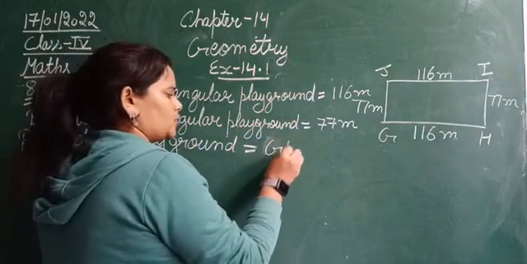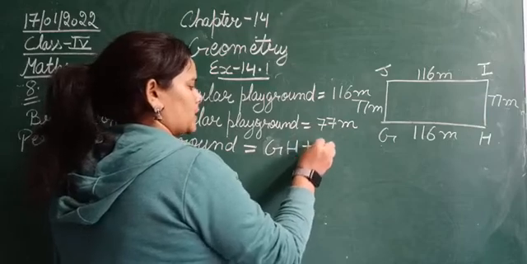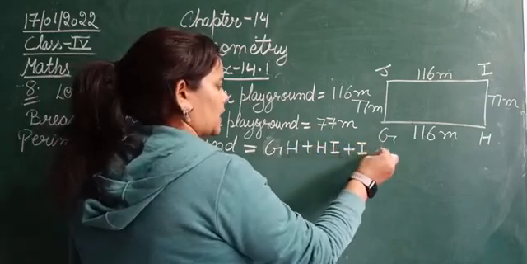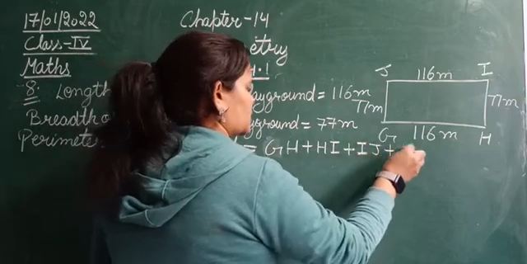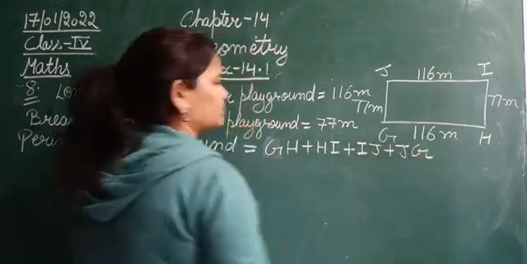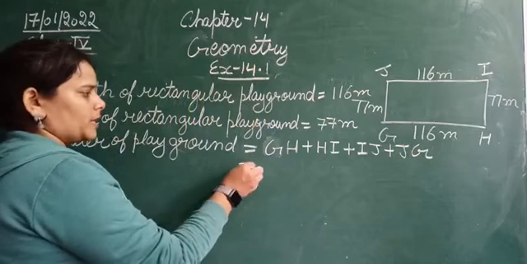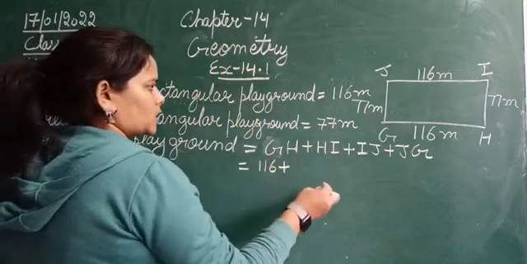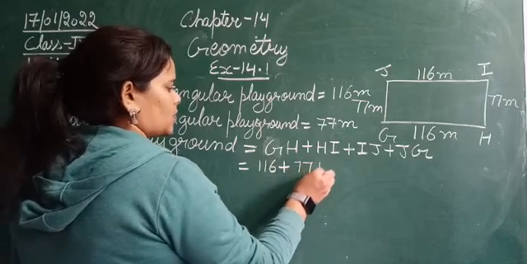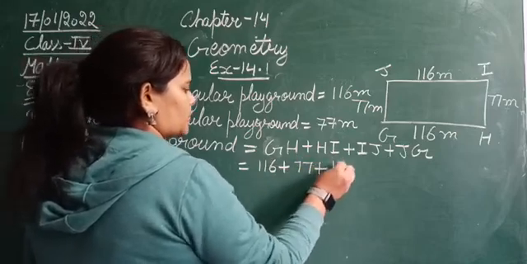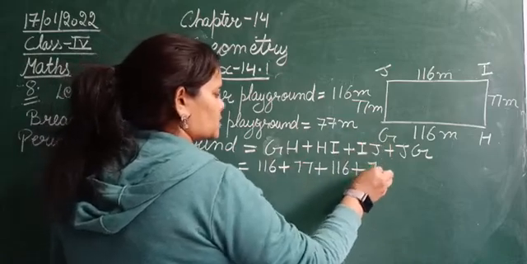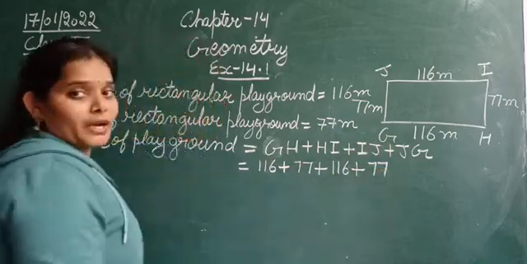That is GH plus HI plus IJ plus JG. Okay, now GH is equal to 116, HI is equal to 77, IJ is equal to 116 plus this is also 77 meter. Okay, now add it.